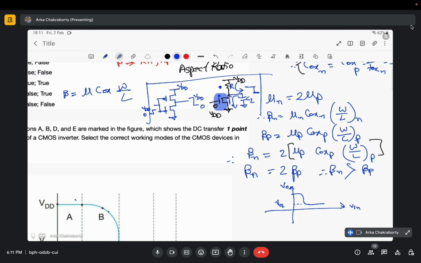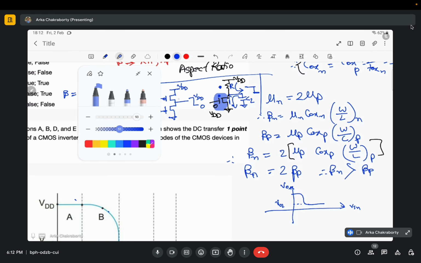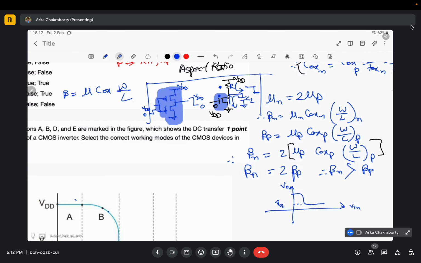Okay, and anything else? So this kind of thing is generally done. There are some other logics. The circuit that you have studied is called a complementary MOS circuit, a CMOS circuit.